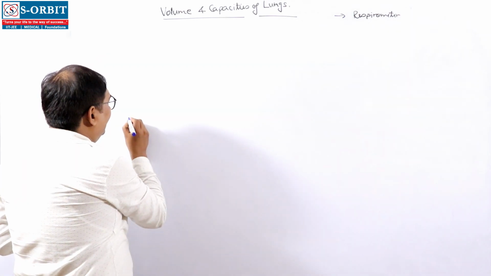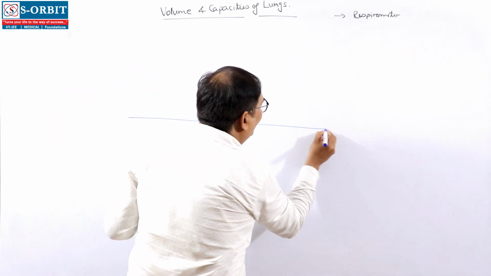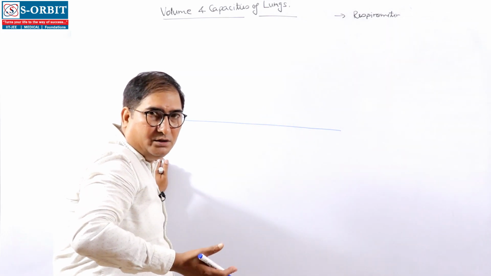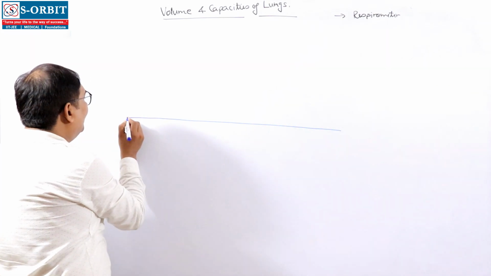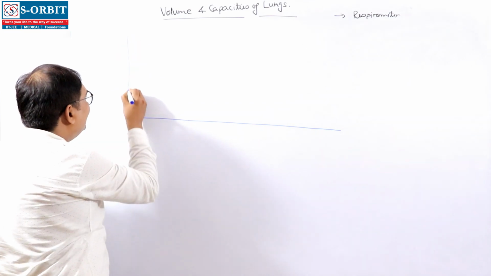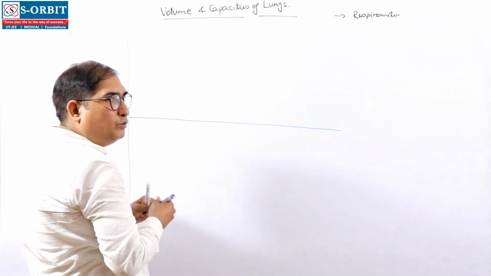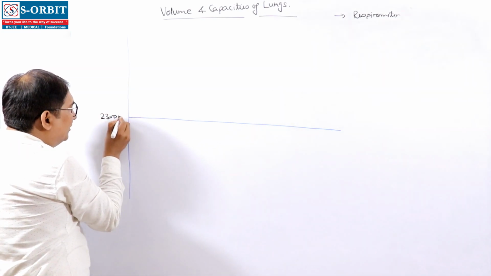When we breathe out during normal breathing, the volume of air that is left in the lung is about 2300 ml.